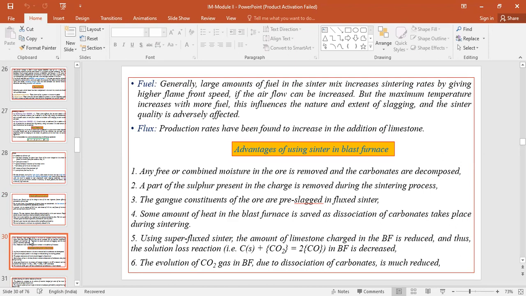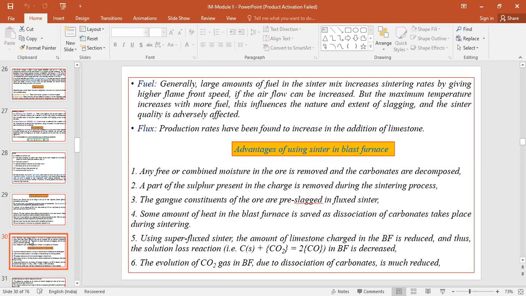So an optimum amount of fuel consumption should be maintained. Generally, a large amount of fuel in the sinter mix increases the sintering rate by giving high flame front speed if the airflow can be increased. But the maximum temperature increases with more fuel. So this will certainly influence the nature and extent of the slagging, and of course the sinter quality also.